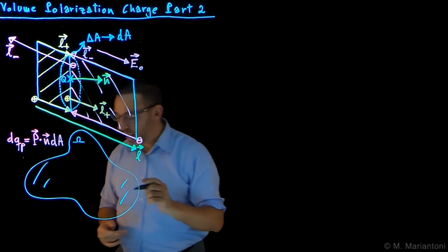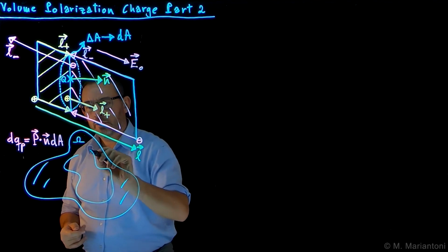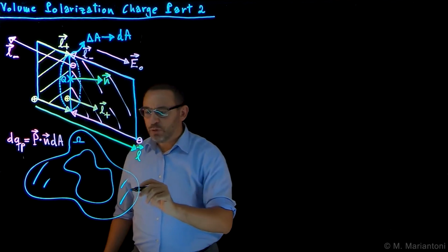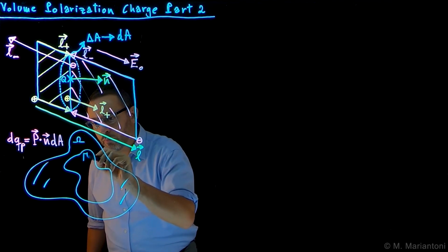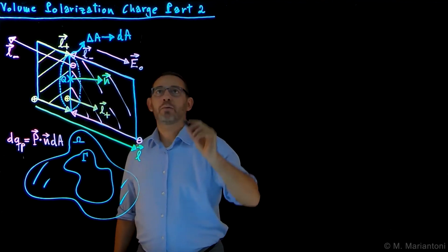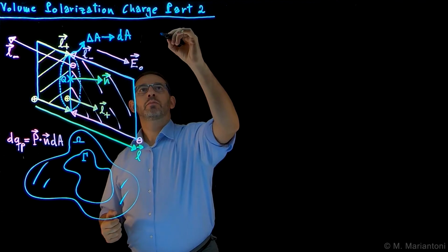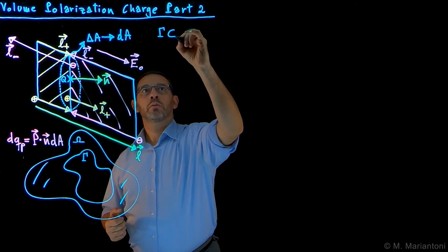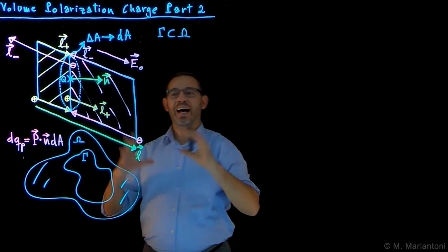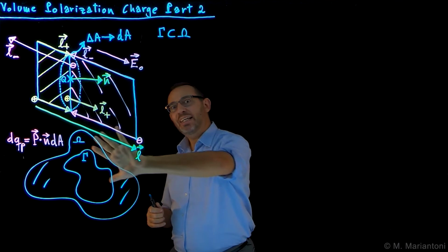You will see for what reason now. So let's say that the inner object is something like this. And this object, let's call it a capital gamma. So capital gamma is entirely included in capital omega, which is entirely made of the same material, so it's homogeneous.